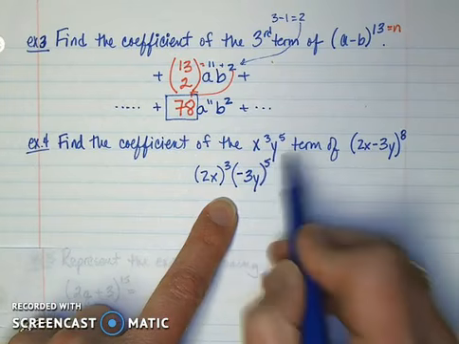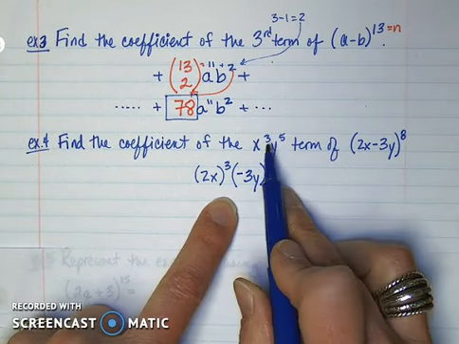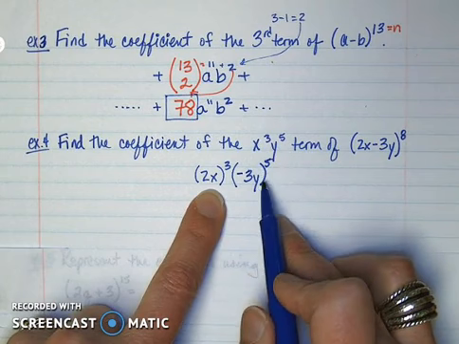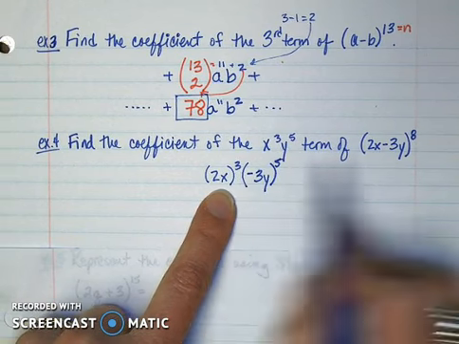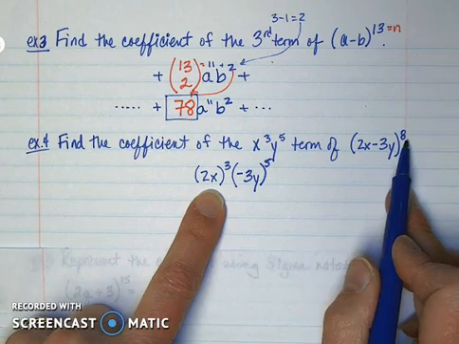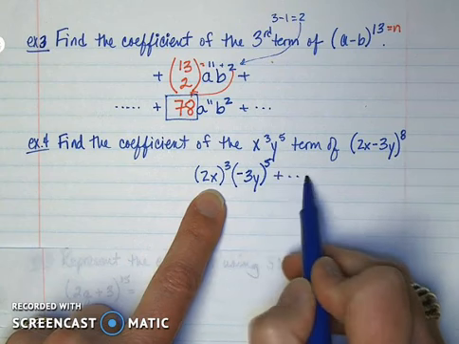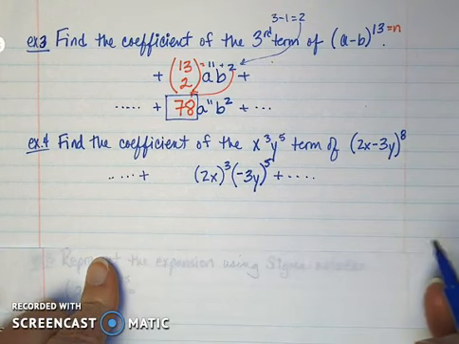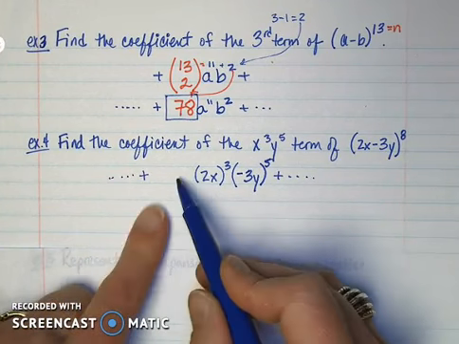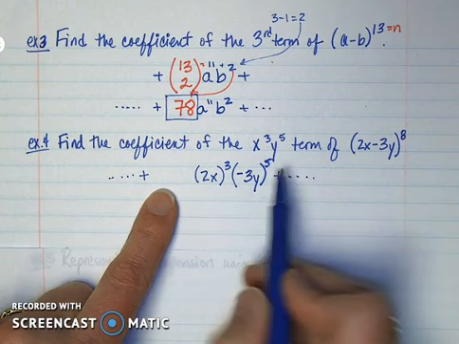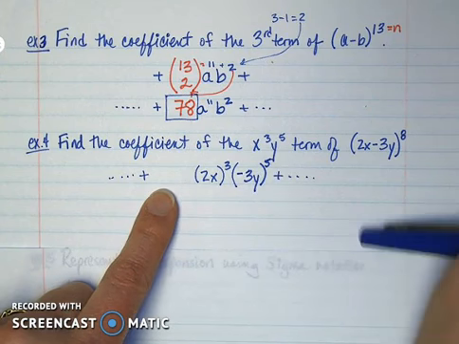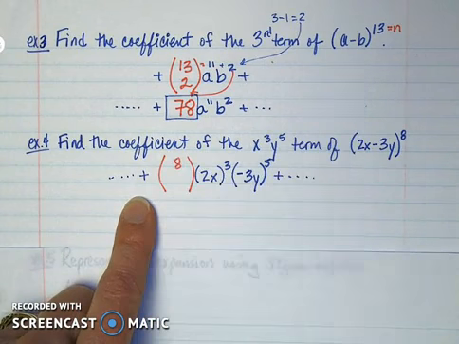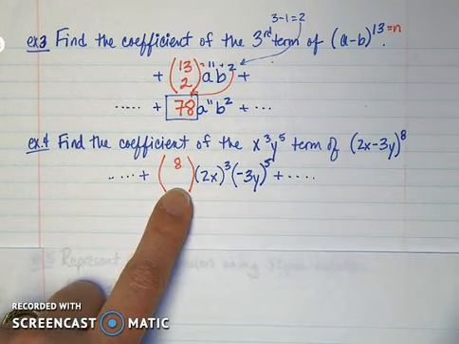All right, so they told me to use the 3 and the 5. I already knew that. Now, I need to double check. 3 plus 5 gives me 8. That works. And this is just part of the sum, right? I've got other numbers on both ends. But now I can also get the coefficient, because I'm going to take the n, which you already know is 8. And then this number down here is going to be what?